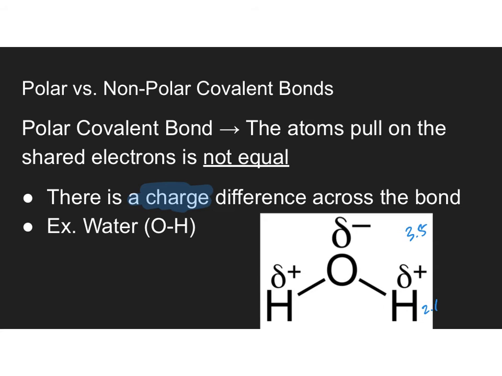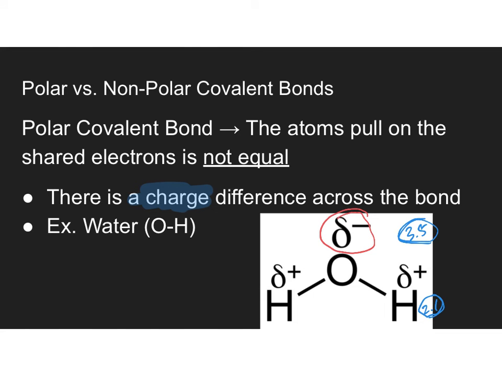So what we can do is use these symbols. This is a Greek symbol, I believe it's sigma, that tells us where the electrons like to hang out. In this case, since 3.5 is more electronegative than the 2.1 on hydrogen, the electrons are going to hang out around this oxygen. So we signify that with this sigma with a negative.